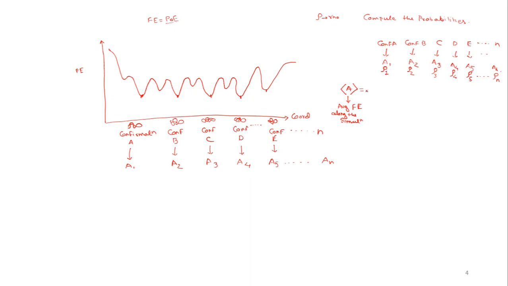We can write it as, for example, rho 1 A1 plus rho 2 A2 plus rho 3 A3 plus rho 4 A4 plus rho 5 A5, and similarly up to rho infinity A infinity.